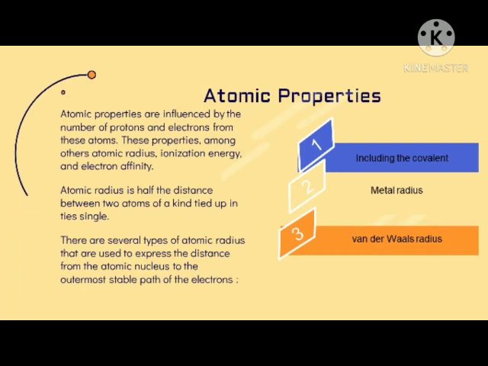Because the electrons are constantly moving, it is very difficult to measure the distance from the atomic nucleus to them. There are several types of atomic radius that are used to express the distance from the atomic nucleus to the outermost stable path of the electron: 1. Covalent radius. 2. Metallic radius. 3. Van der Waals radius.